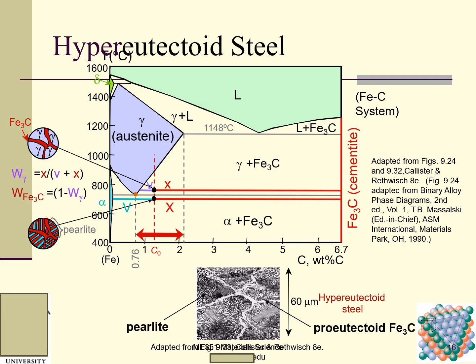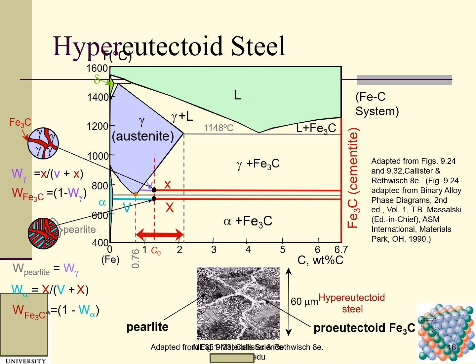At this point, we draw a vertical line. This is V and X. We can use these equations to get the percentage of this cementite, the percentage of this pearlite, and the percentage of this alpha.